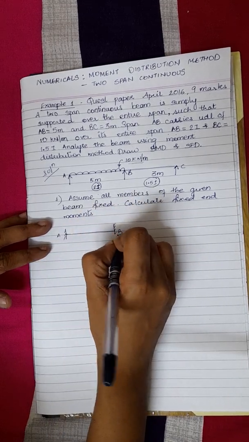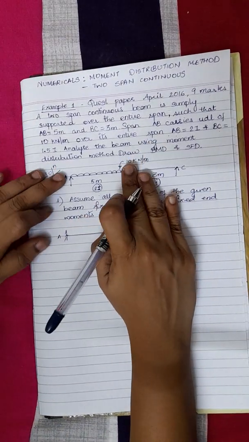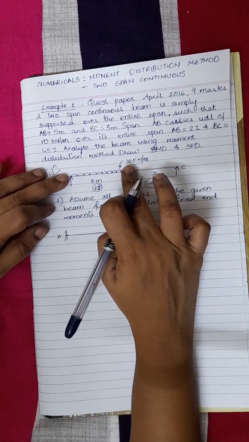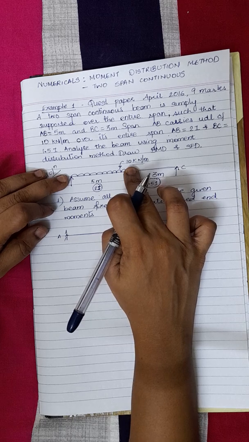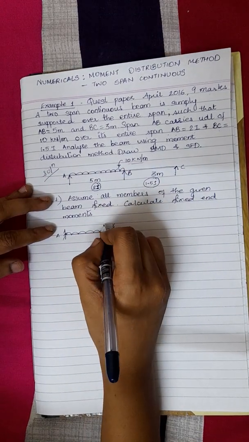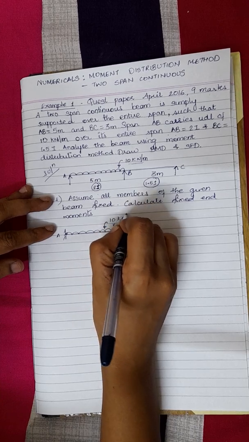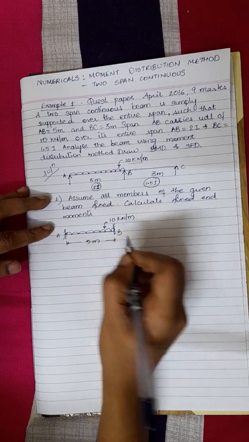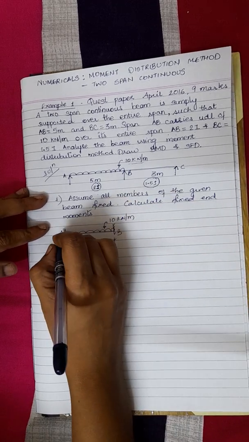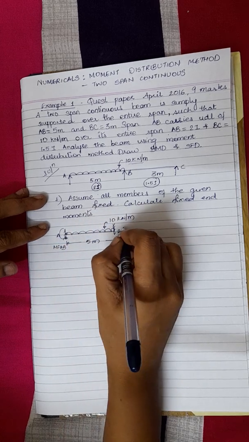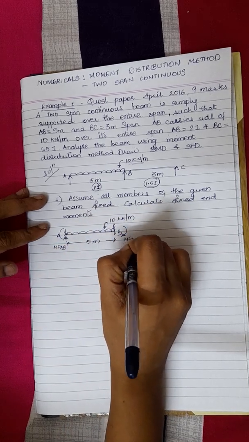I will consider span AB first. This is A and B. Ignore BC, as I am considering each span separately as fixed, with a UDL of 10 kilonewton per meter over 5 meters. We need to calculate MF AB and MF BA.